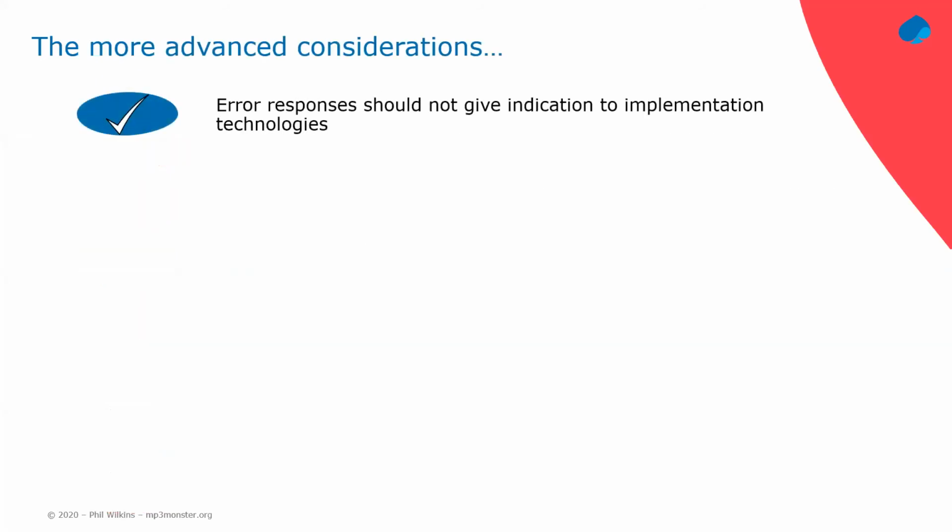And then we move on to the more advanced stuff. Let's communicate and be clear about our errors, but don't give away the technical details of the error. So if you get a null pointer exception, don't pass the stack trace back with a null pointer exception, because you're giving people that can attack your API indications about how you've built it and therefore what potential weaknesses to go looking for.